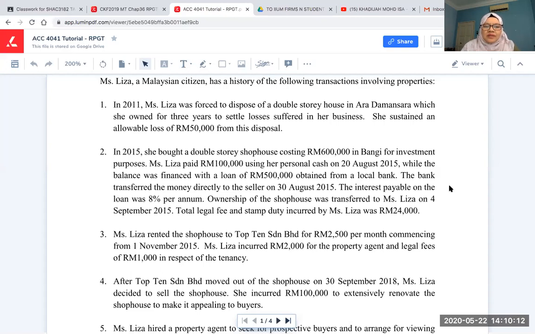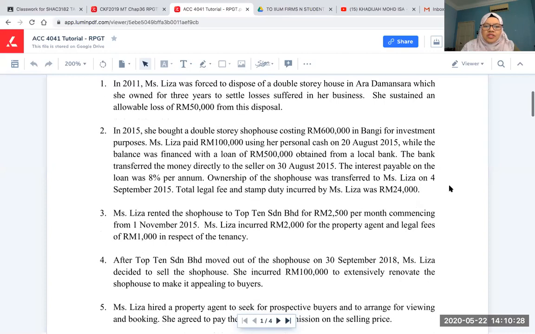The bank transferred the money directly to the seller on 30th August 2015. The interest payable on the loan was 8% per annum. Ownership of the shop house transferred to Liza on 4th September 2015.